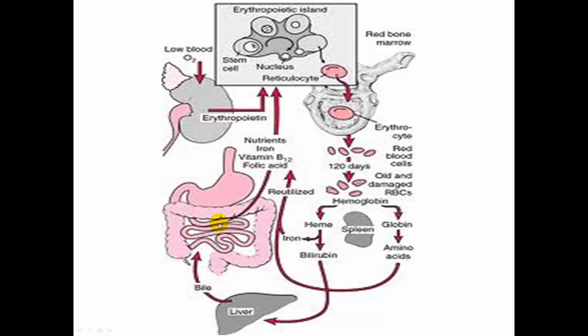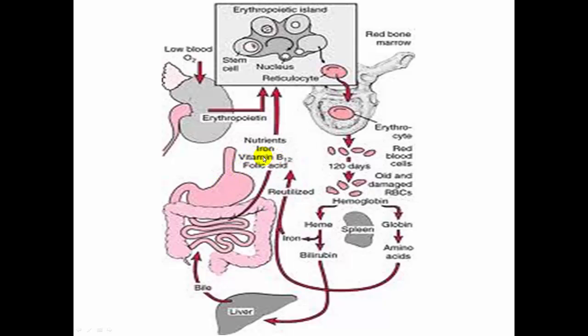Individuals who have diarrhea, or they've had portions of their small bowel removed, are going to have problems with absorption of folic acid, vitamin B12, and iron. And individuals who have significant ulcerations of the stomach, or they've had portions of their stomach removed, are going to have difficulty with the absorption of vitamin B12.